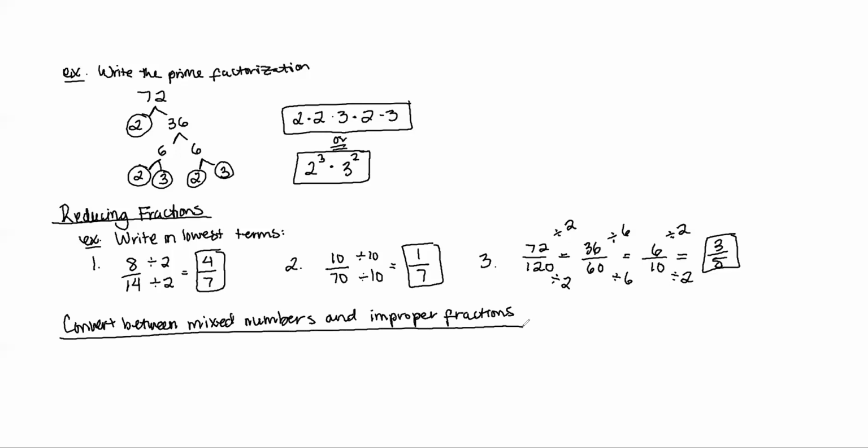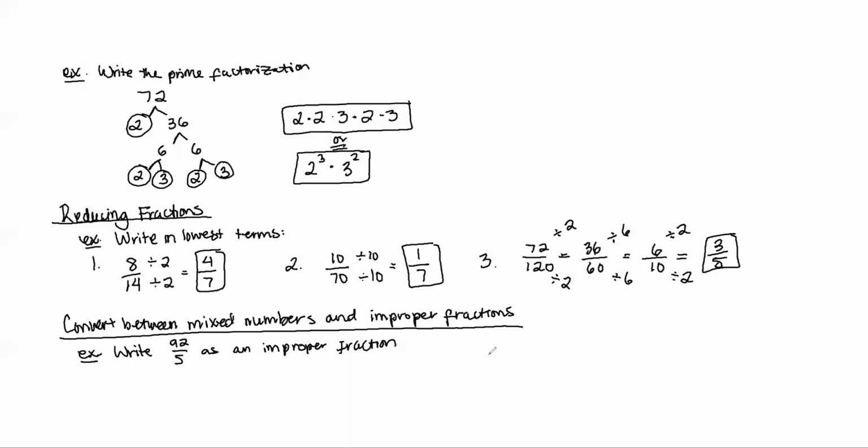All right, so let's go ahead and look at the first example here. We're told to write 92 fifths as an improper fraction. And so remember, fractions just mean division. So what we're going to do here is just divide.